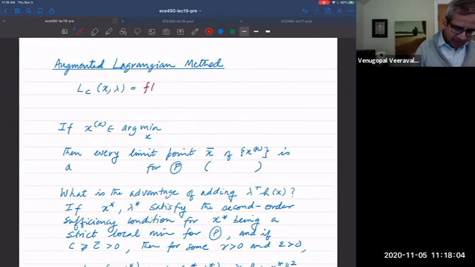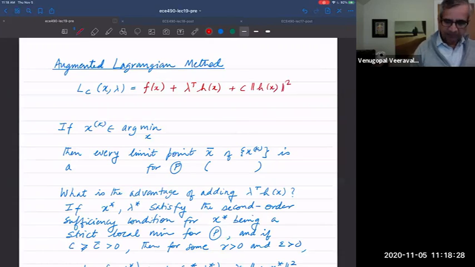So what's the augmented Lagrangian method? You start with the penalty, but in addition to adding the quadratic penalty, you also add in the Lagrangian term, lambda transpose h. That's why it's called the augmented Lagrangian. Of course, here lambda is some vector in R^m, and c is positive.